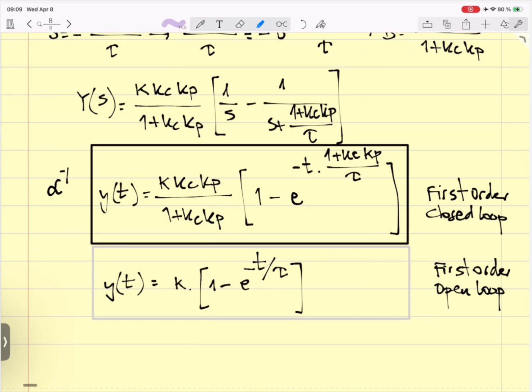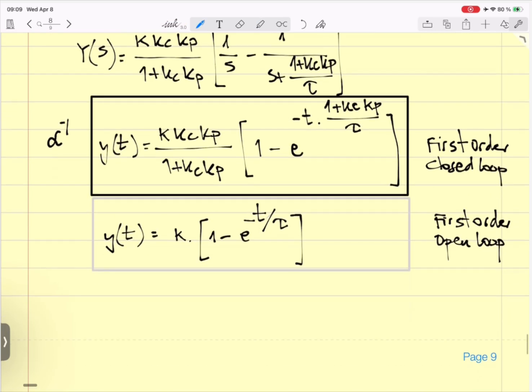Okay, if we say k sub c or k sub p are very small, or k sub c divided by k sub p is equals 1, then this turns into 1.